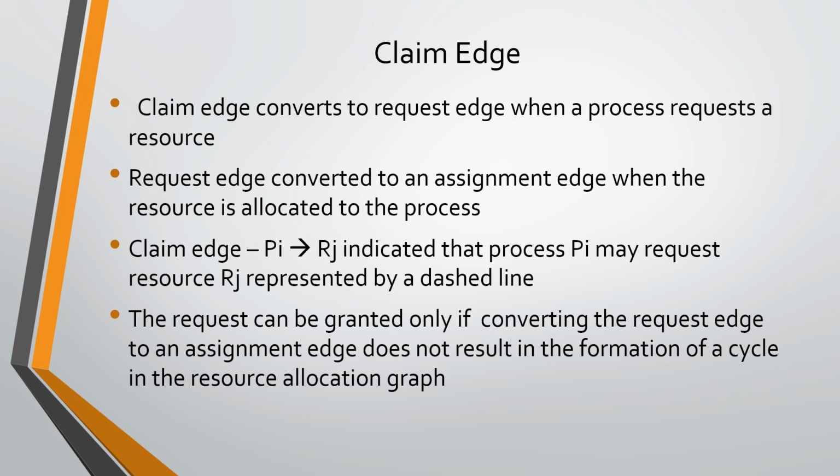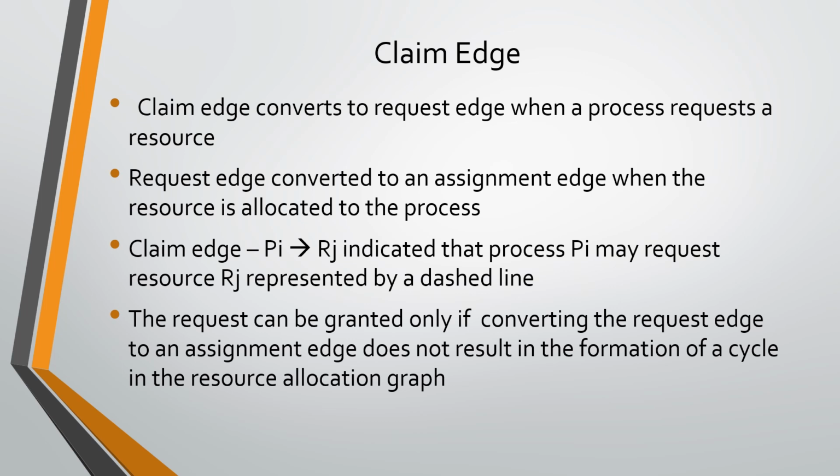In the resource allocation graph for deadlock avoidance, we introduce a third kind of edge called the claim edge, which is a dotted line from a process towards a resource, meaning that the resource can be requested by the process in future.